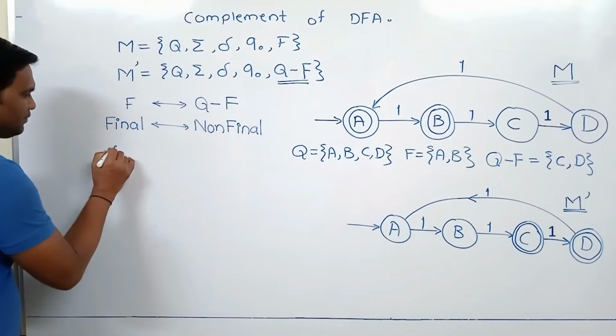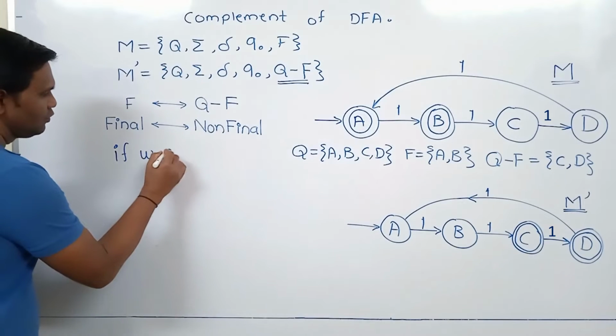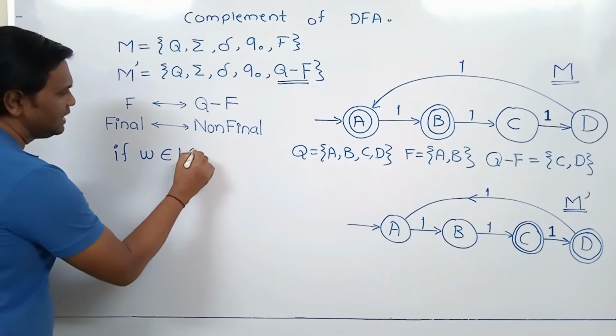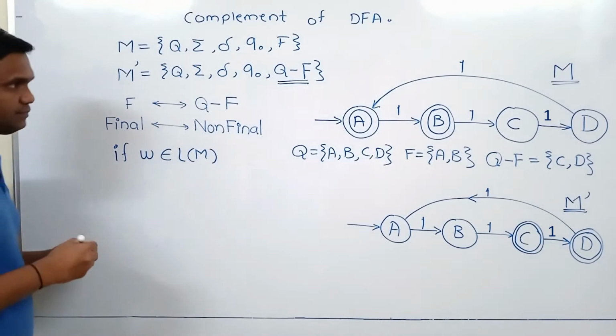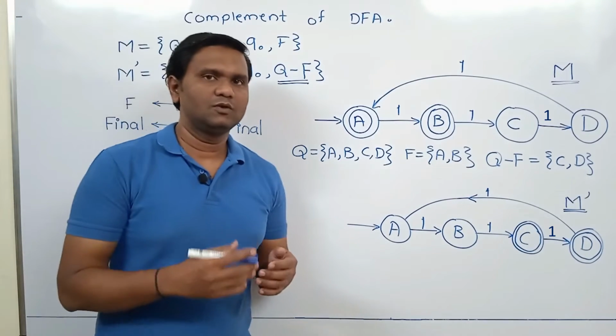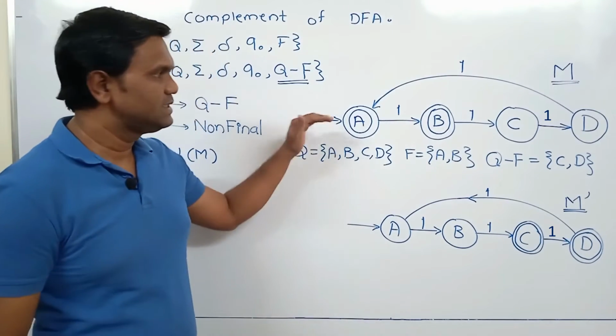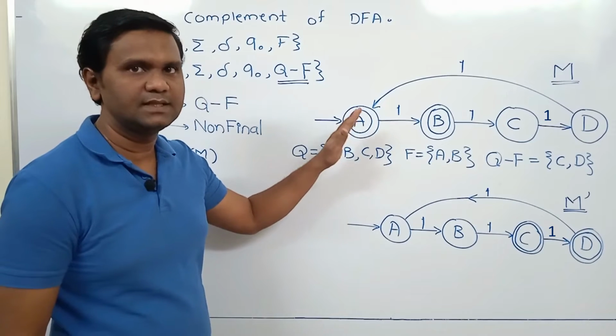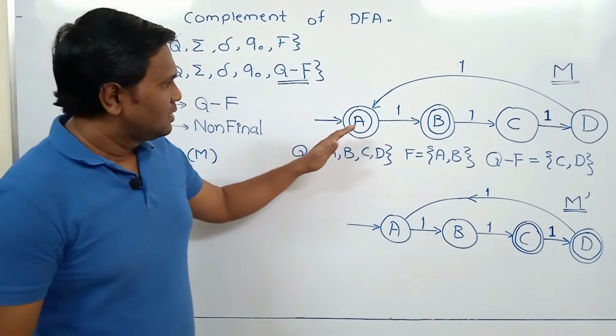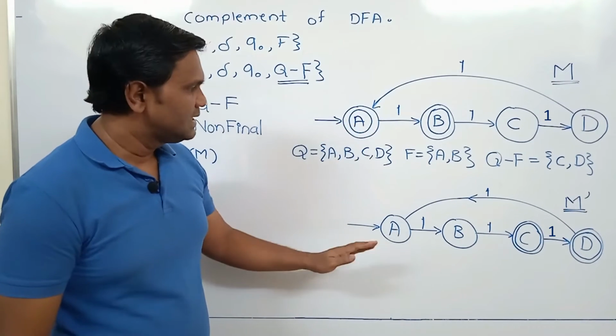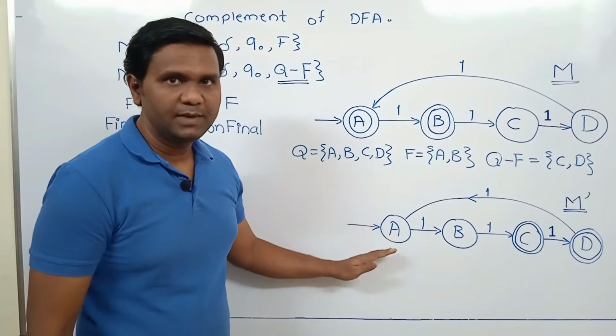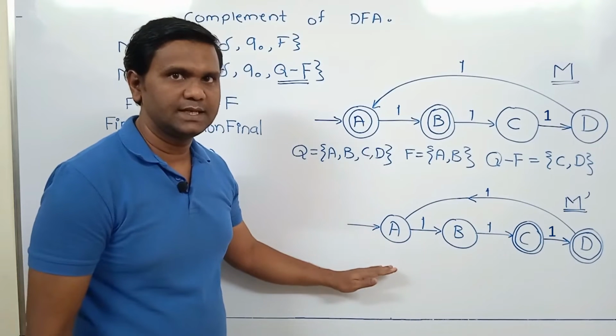Now consider a string W which belongs to the language of the DFA M. When we say a string belongs to the language of the DFA, processing of the string ends in some final state. For that same string, processing in M complement will end in a non-final state.